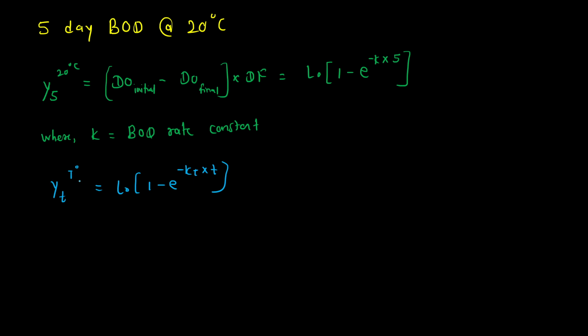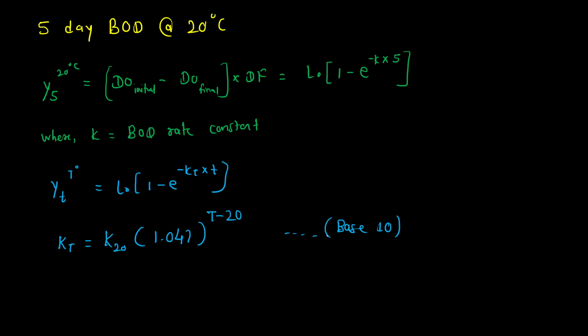And this kt formula: kt is equal to k20 into 1.047 whole to the power t minus 20. Now this k value here is taken with base 10.